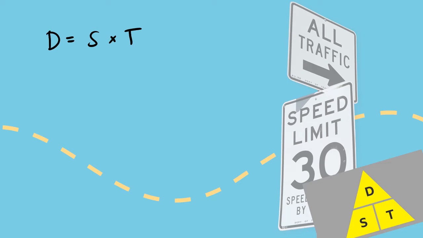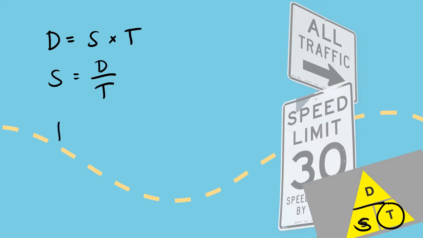Next, let's say we are looking for S, the speed, and we can see that D is over T. So the formula for speed is distance over time. Same when we try to find the formula for time. When looking for time, you can see that distance is over the speed.